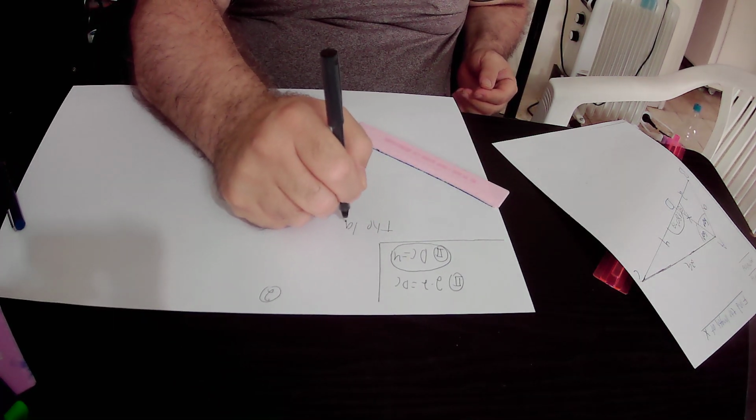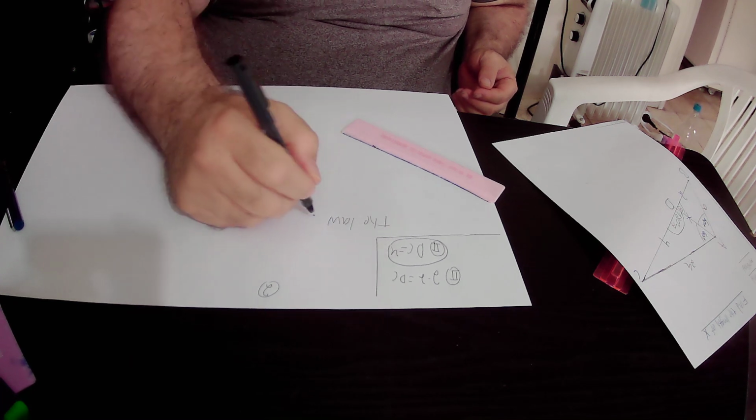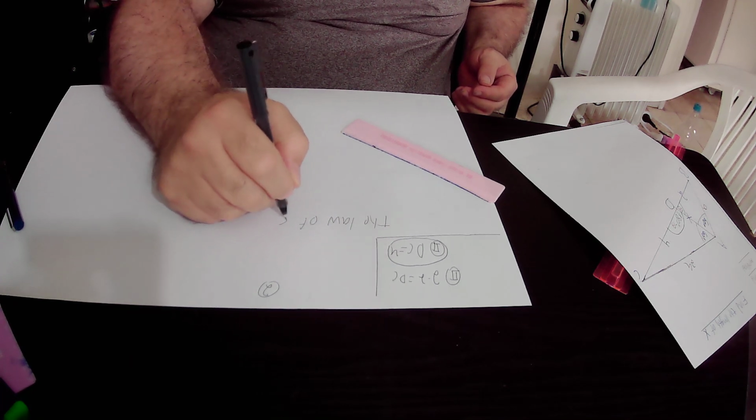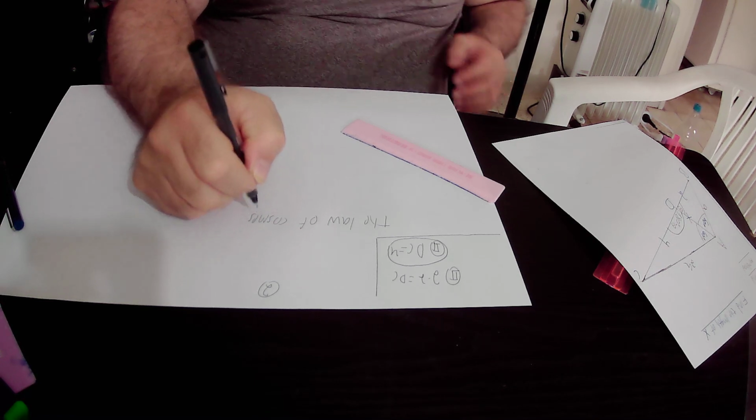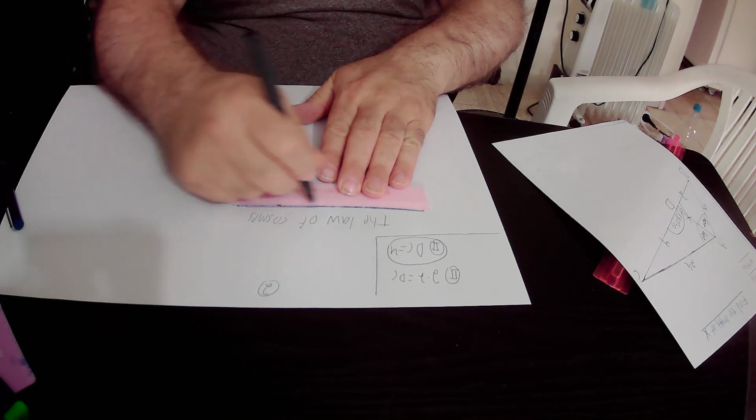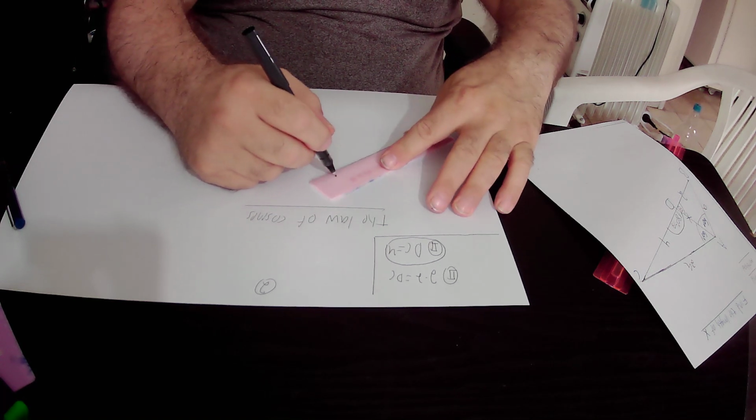The law of cosines is true in any triangle. So if we have a triangle ABC, that will be any triangle.